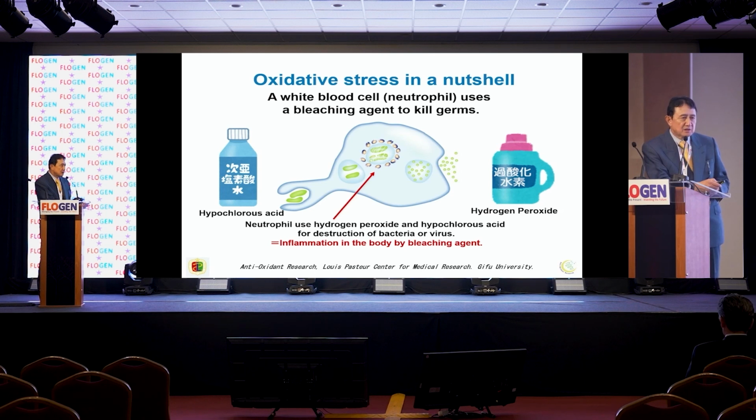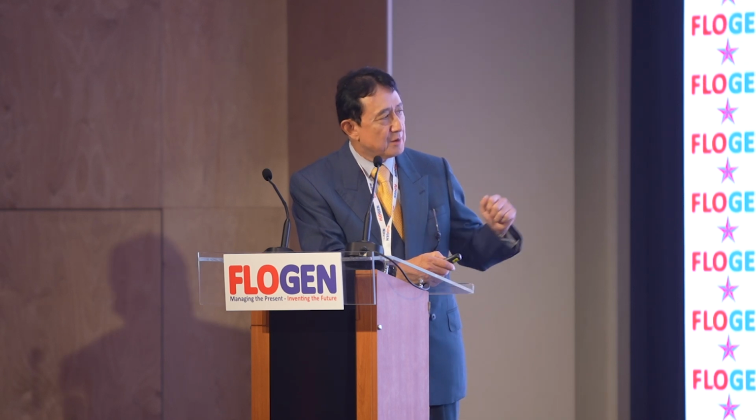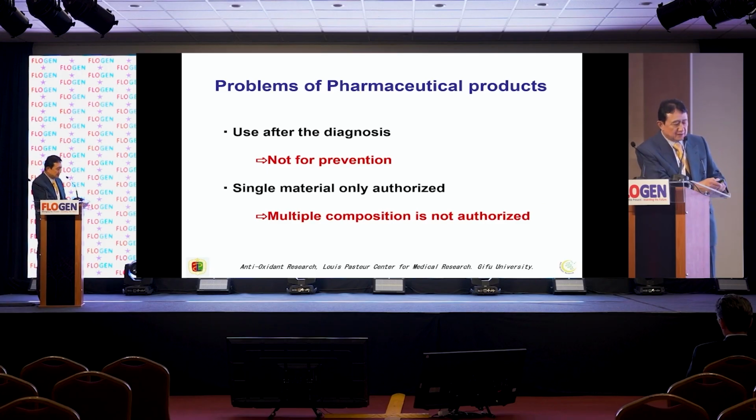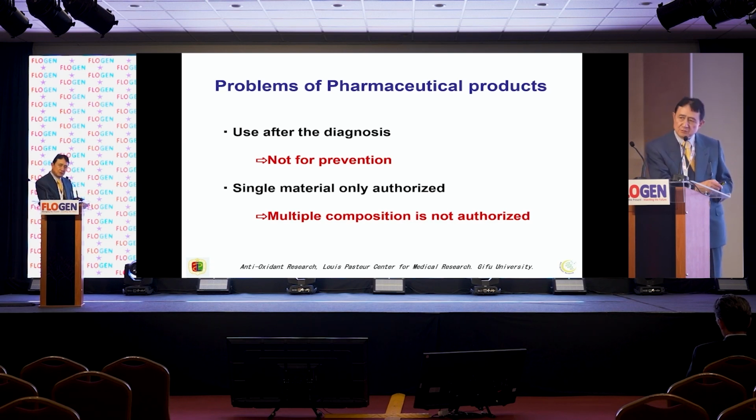That means these oxidative stress final products help our immune system. However, you can imagine that if there is a high level of bleaching agent in your bloodstream, inflammation happens in the whole body.